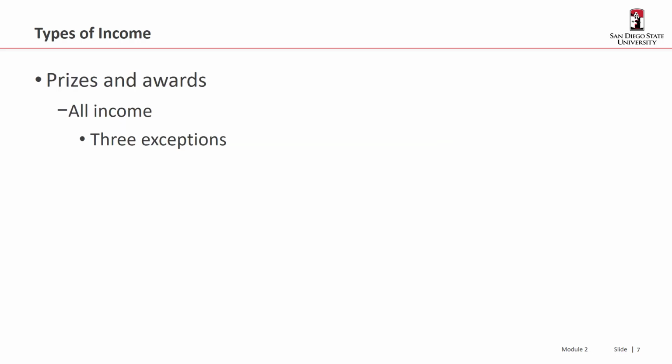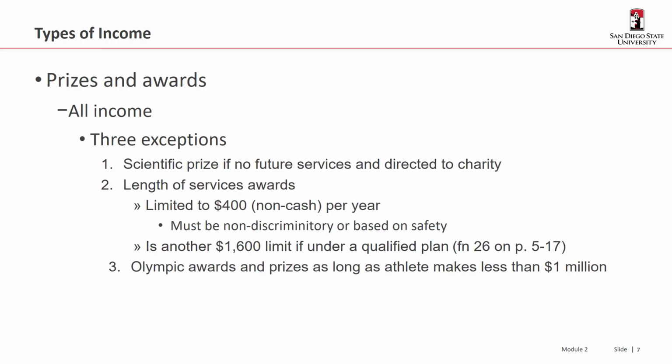Okay, so another type of income is prizes and awards. So you go on a game show and you win a car. That guy who's crushing it in Jeopardy right now, that's all taxable income to him. However, there are 3 exceptions. The first exception is if it's a scientific prize and no future services are required by the taxpayer, and the taxpayer directs that prize directly to a charity.